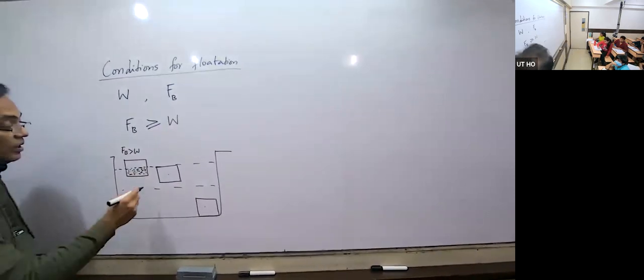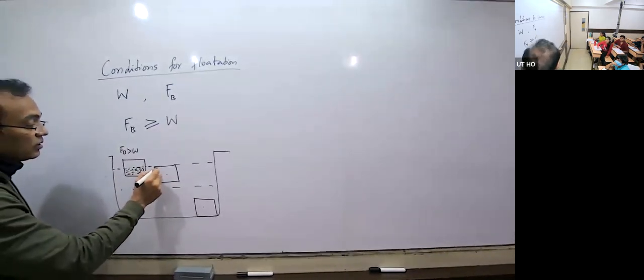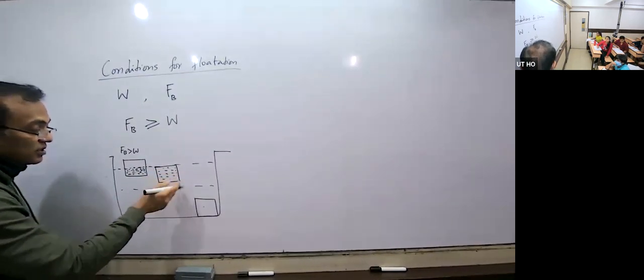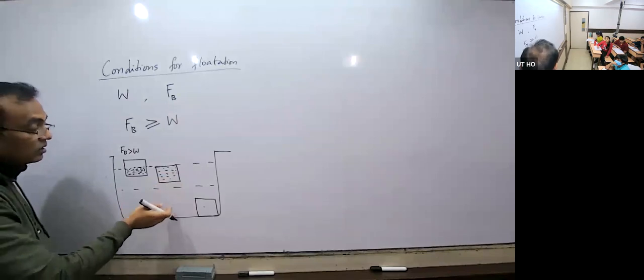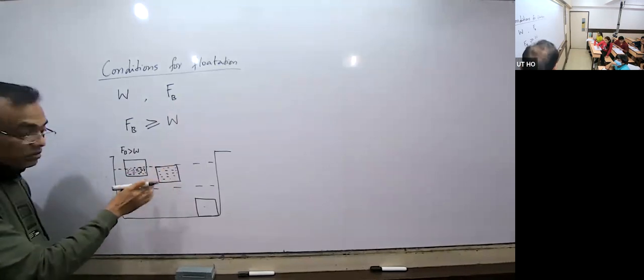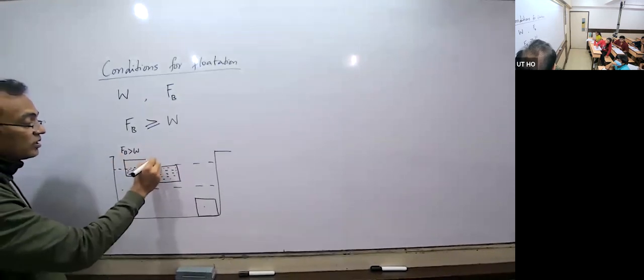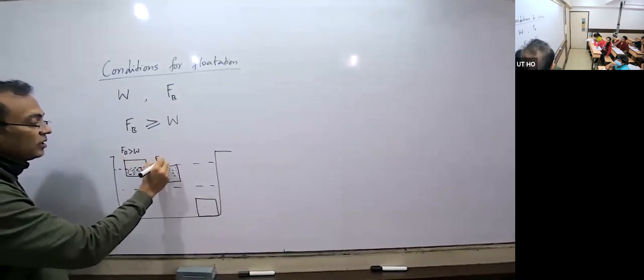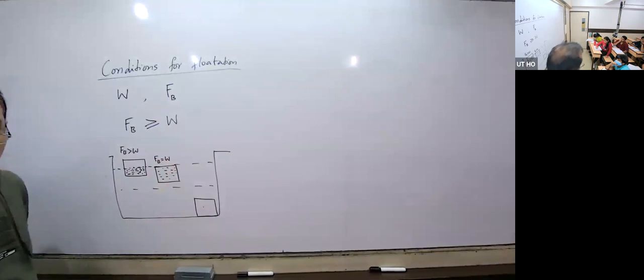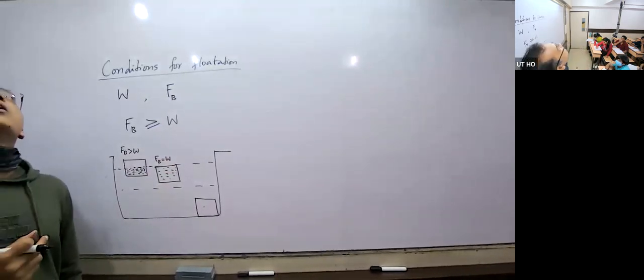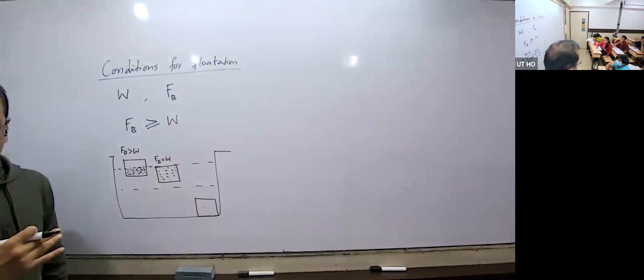Is the body floating here? Yes, it is. Has it sunk? It is not. It is floating but fully submerged. So both are cases of floating. But what is the difference? Here FB is greater than W. Here FB is equal to W. You are swimming with your nose and mouth up on the surface.